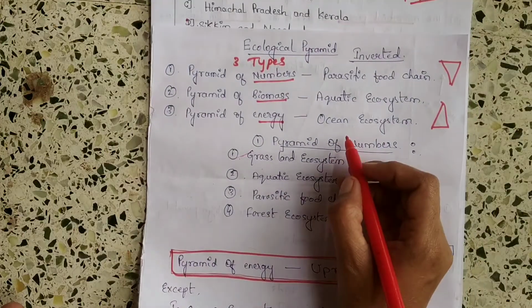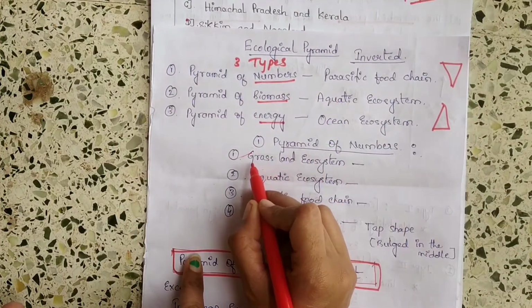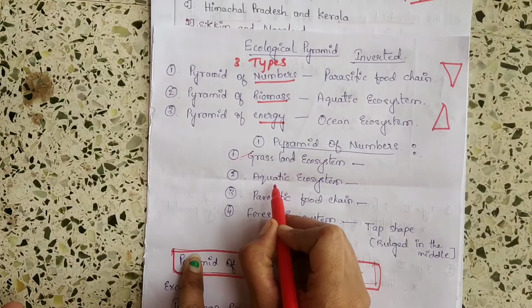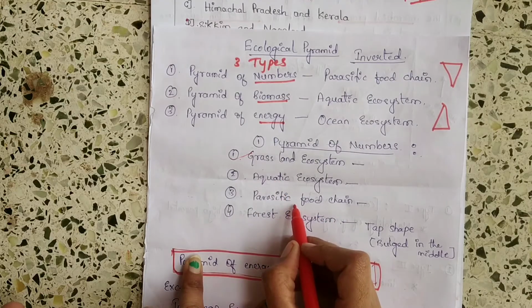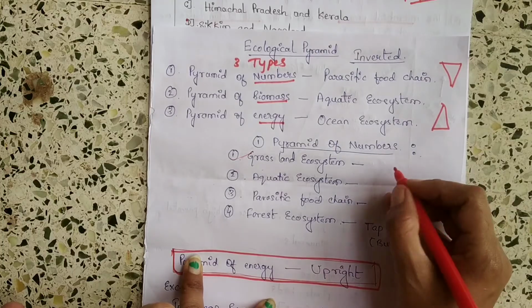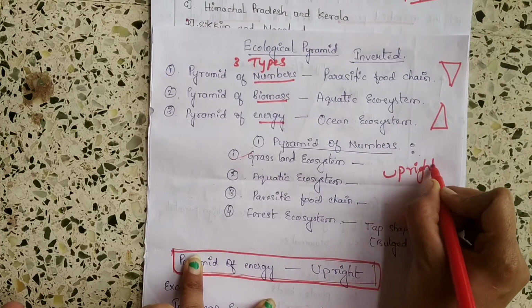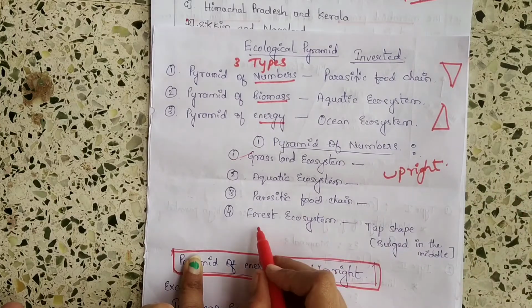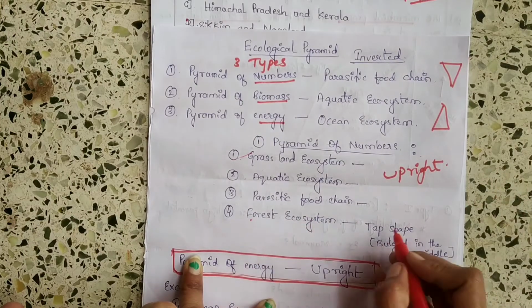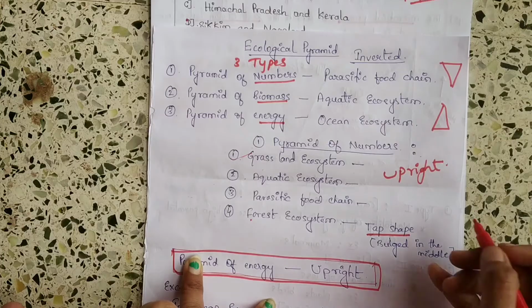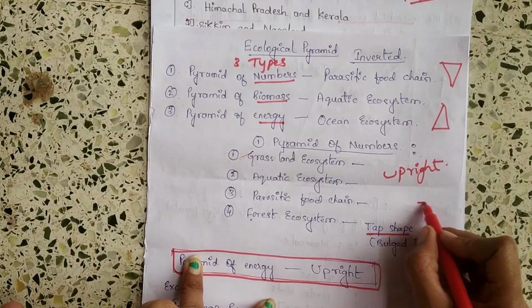Next, coming to the pyramid of numbers. Grassland ecosystem, aquatic ecosystem, and parasitic food chain: in all these cases, the pyramid of numbers will be upright. Only in case of forest ecosystem it is tap shaped, almost bulged in the middle like this.